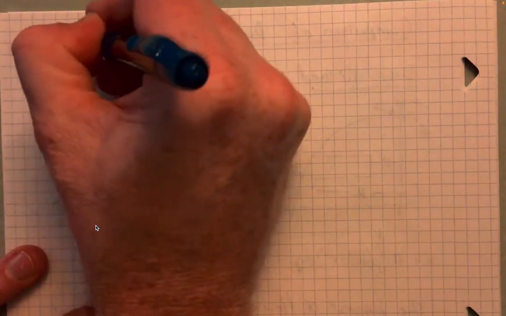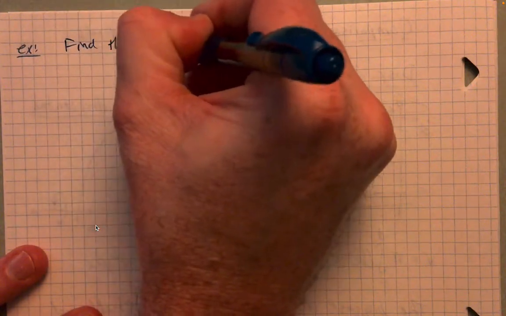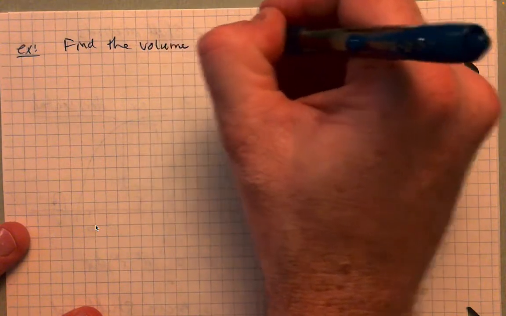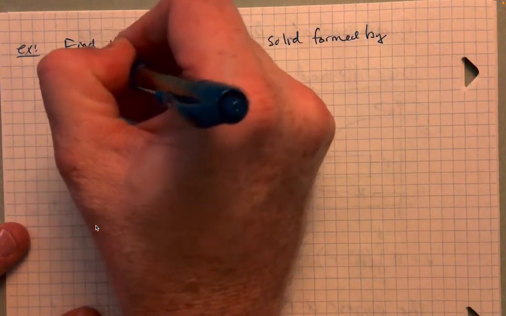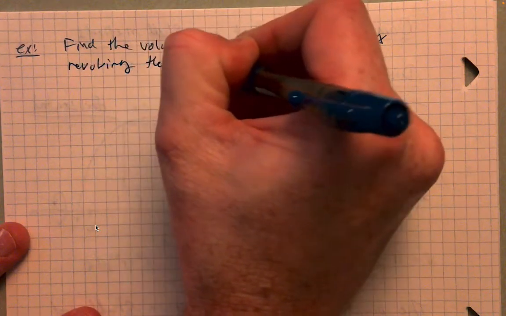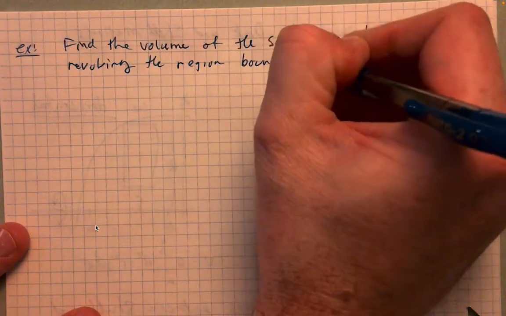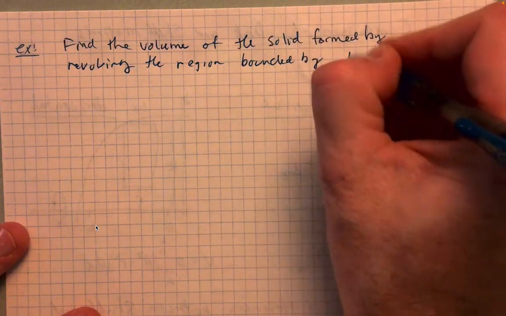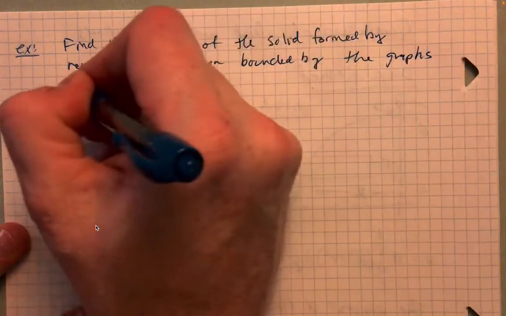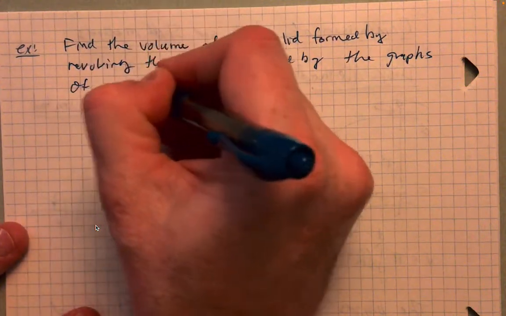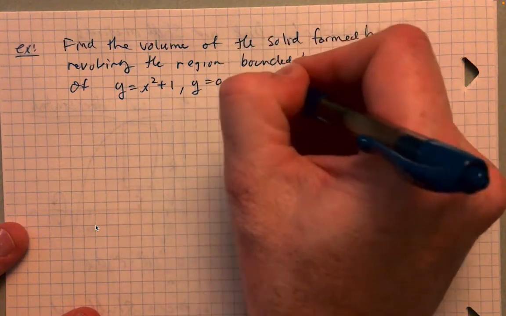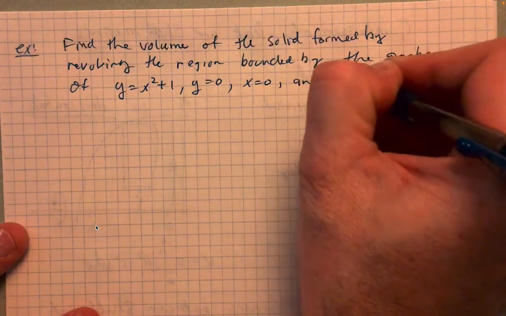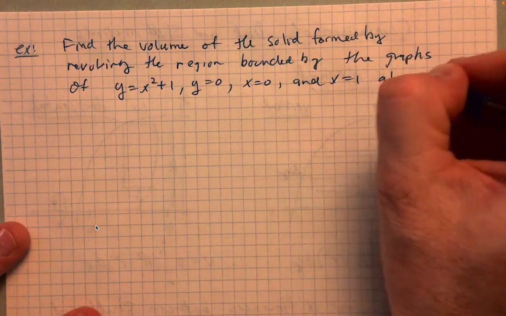So we want to find the volume of the solid formed by revolving the region bounded by the graphs of y equals x squared plus 1, y equals 0, x equals 0, and x equals 1 about the y-axis.